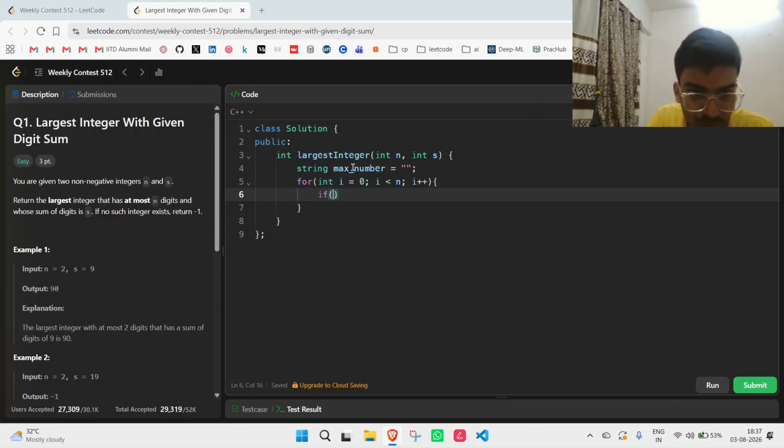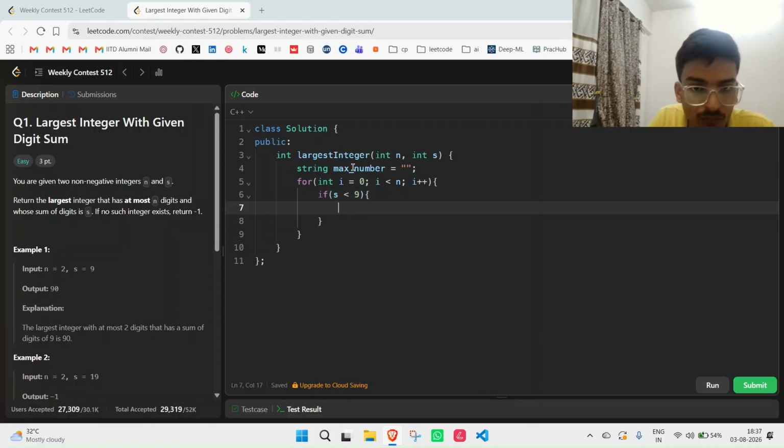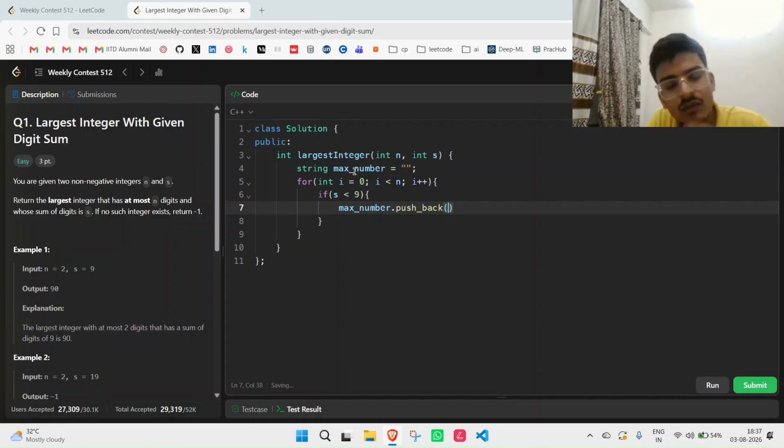Like two cases. If s is less than 9, then you can go with max number equal to max number dot push back. Instead of a string, you could form a vector as well, right? A vector can convert to a number.